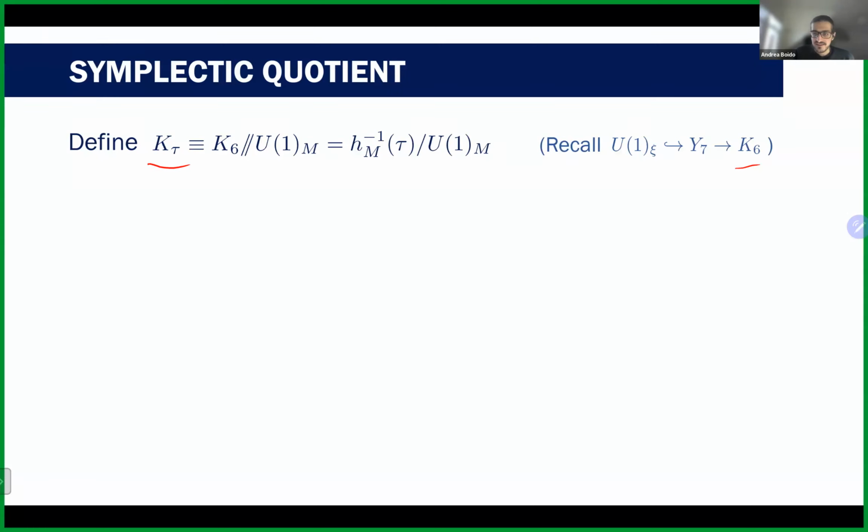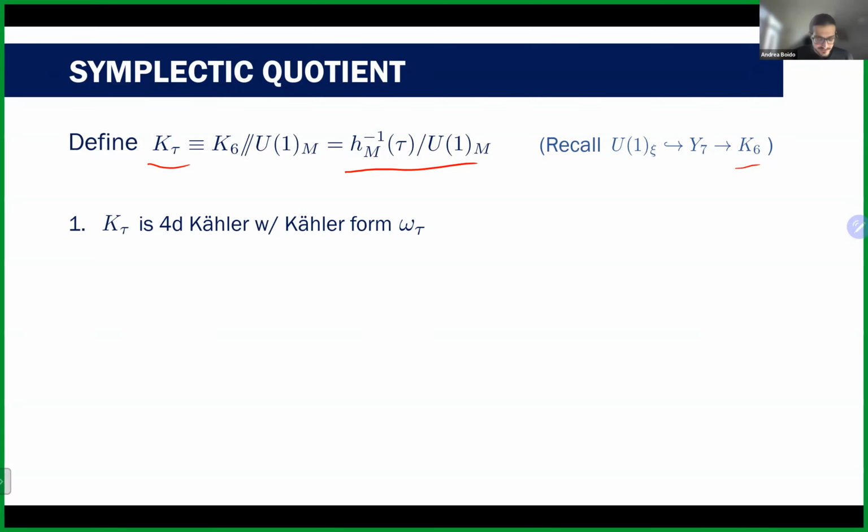You don't really need to know precisely what a symplectic quotient is, but an easier way to think about it is that you restrict yourself to the level set tau of the moment map, and then you do a standard quotient by the U1 M action.